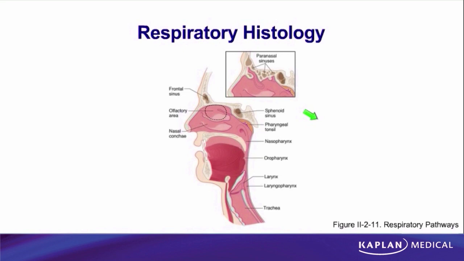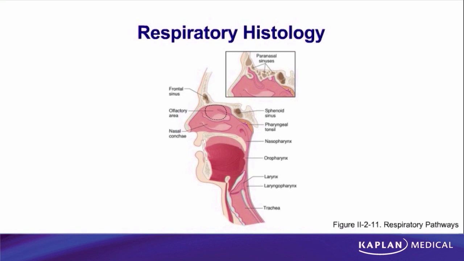So the conducting portion of the respiratory system would begin in the nasal cavity. Right? So the nasal cavity and the oral cavity leads back into the pharynx, nasopharynx and oropharynx, which then leads down into the larynx, through the larynx, into the trachea, from the trachea to the bronchi, to the lobar and segmental bronchi, to the bronchioles, and eventually, finally, to the alveoli.